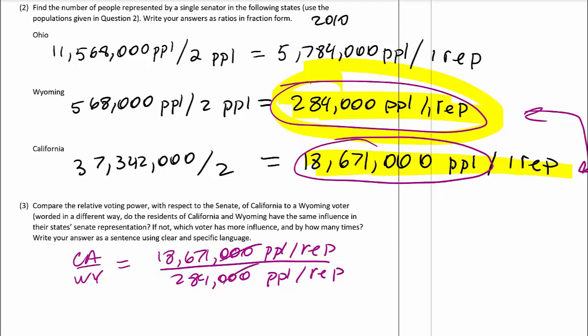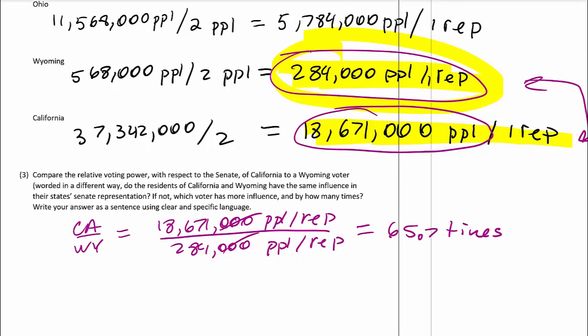So 18,671 divided by 284 gives 65.7. The rate in California is 65.7 times the other rate.